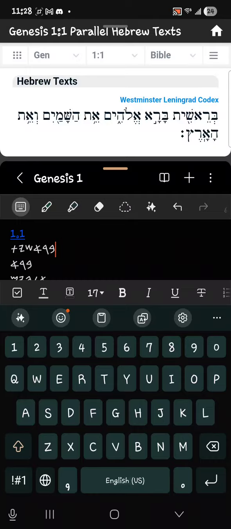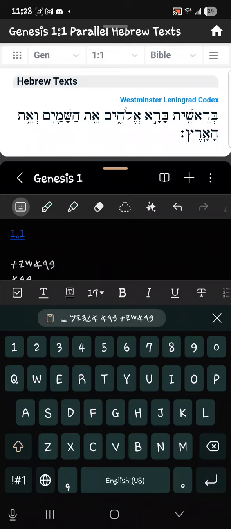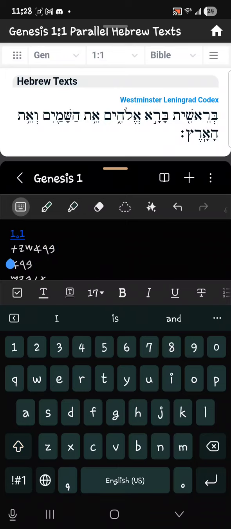Alright. Let's underscore it. No, let's take it back. Bara Ashayth, in beginning. Ba in, Ra'ash, head. Yath, hand mark. Ba, head. So Ba is a bayith, a house. Ra'ash is a head.